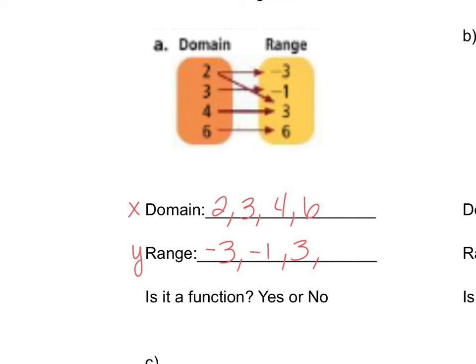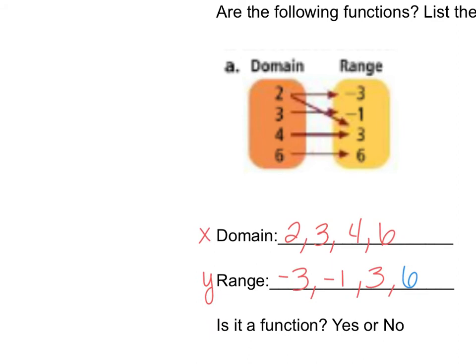Is it a function? Some of you may already see that it is not a function because this x right here, 2, repeats. There's 2 coordinates that have an x value of 2. If you weren't sure, let me sketch a quick little graph of what this looks like. So 2, -3 would be about right there. 3, -1 would be about right there. 4, 3 would be about right there. 6, 6 would be about right there.